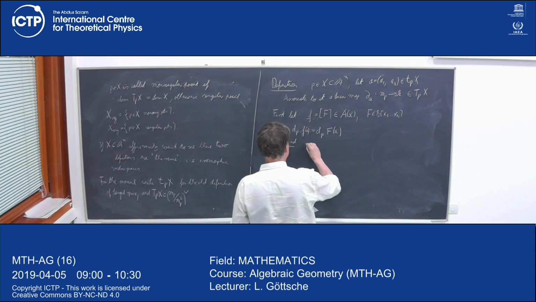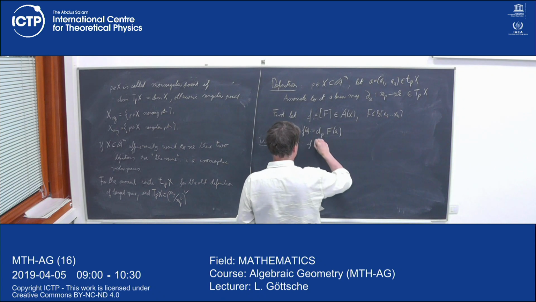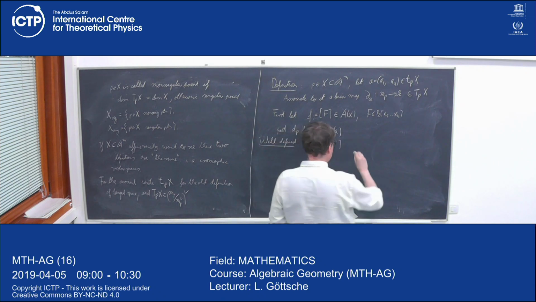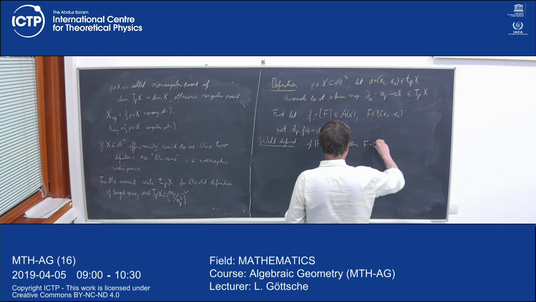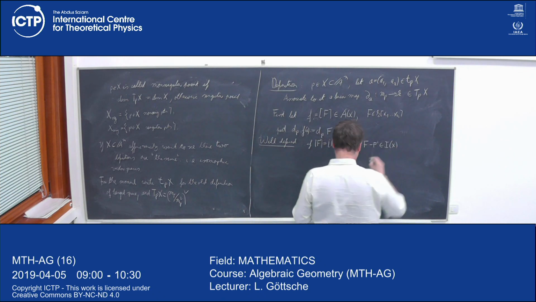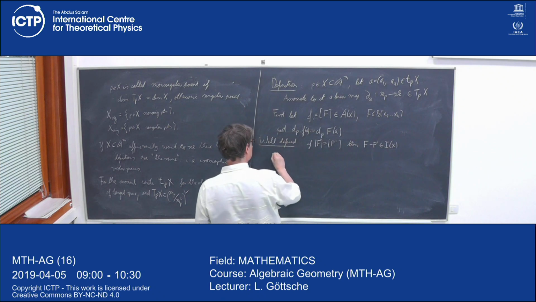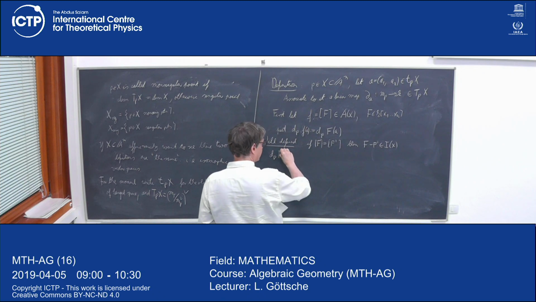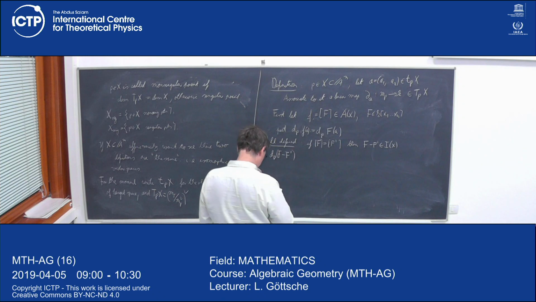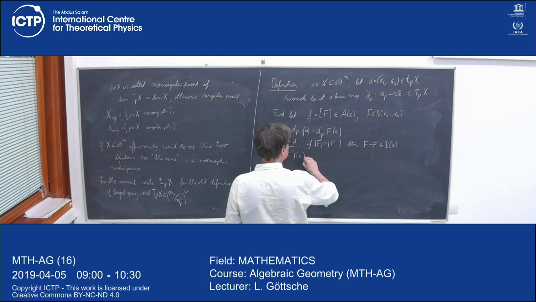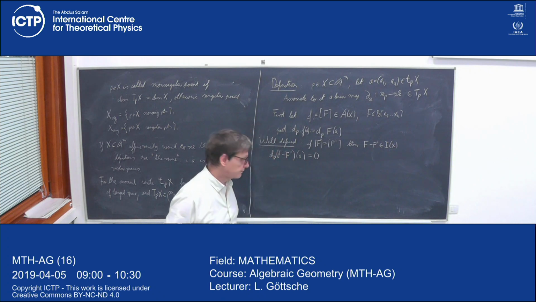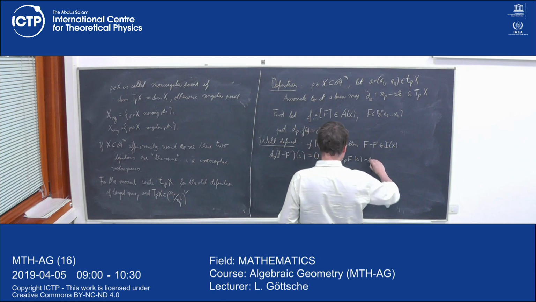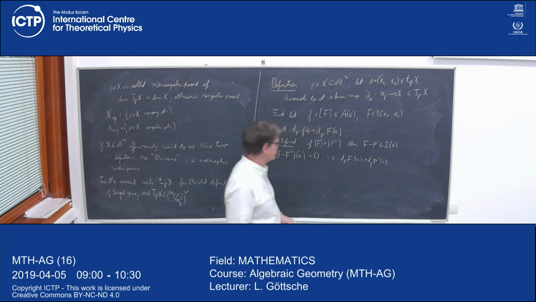So if f is equal to f prime, then f minus f prime lies in the ideal of x, thus dp of f minus f prime of a is equal to 0, so that means dpf of a is equal to dpf prime of a.